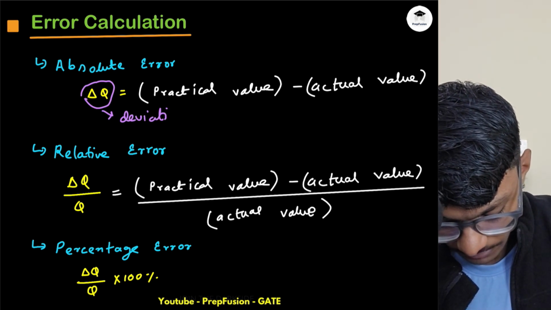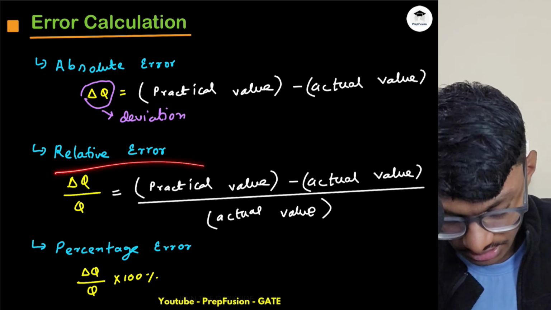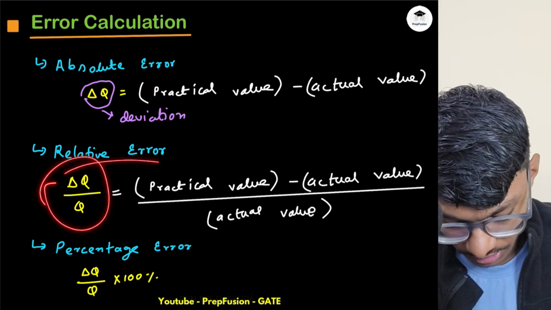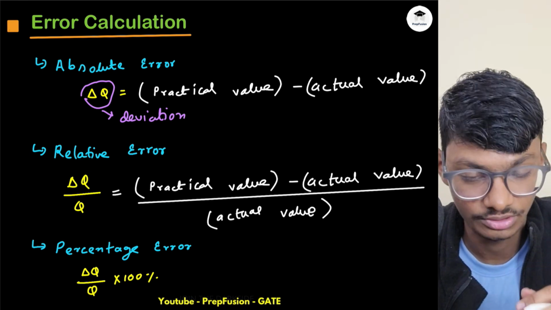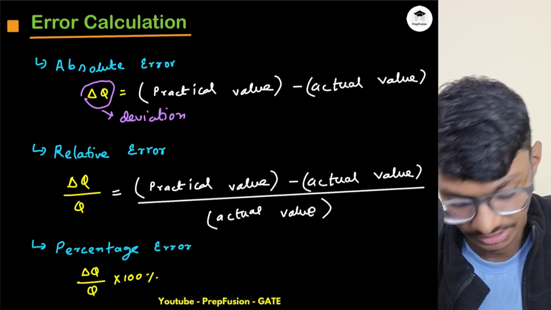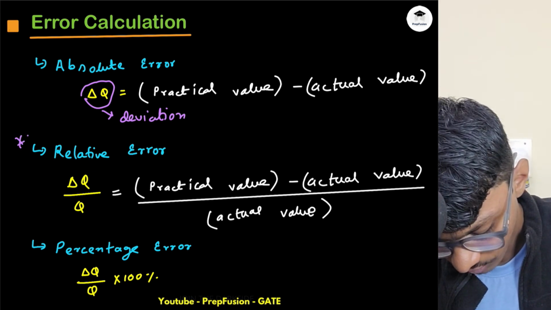Next is the relative error. What is the relative error? Relative error is with respect to the quantity that we are measuring. This is very important, and in most cases they will give you this.